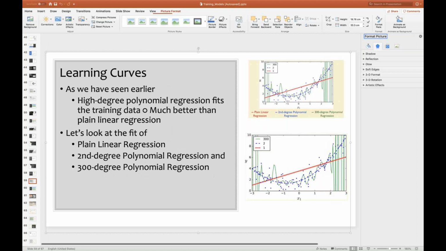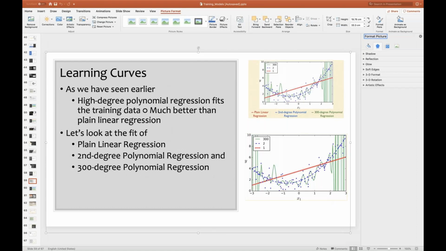That's fine. Now, see, high-degree polynomial regression fits the training data much better than the plain linear regression. Again, what is high-degree polynomial regression? Checking with 1 degree, 2 degrees, 300 degrees. When I say 2 degrees, it's a square, a*b, b square.